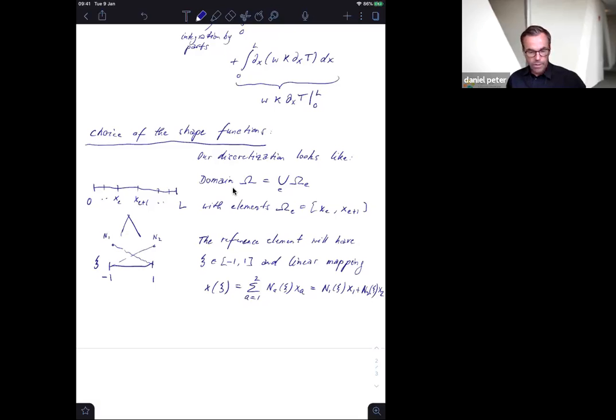And here these shape functions N1 and N2 are linear shape functions, and we can also call them degree 1 Lagrange shape functions, because it's convenient for the -1, 1 range.